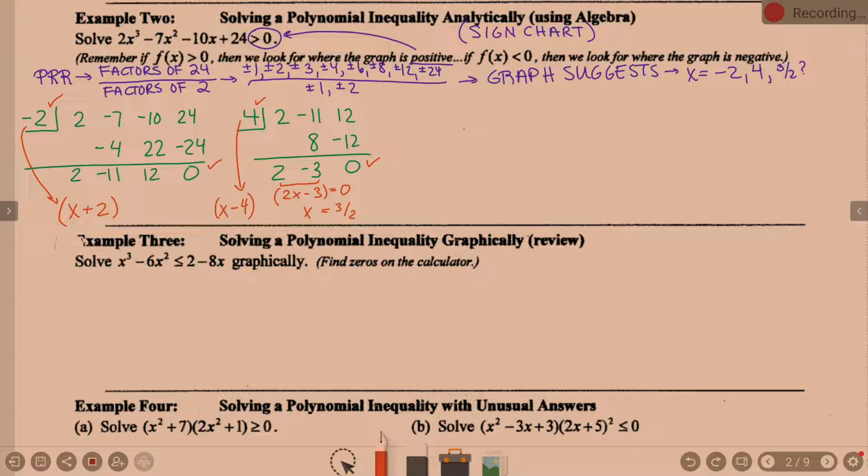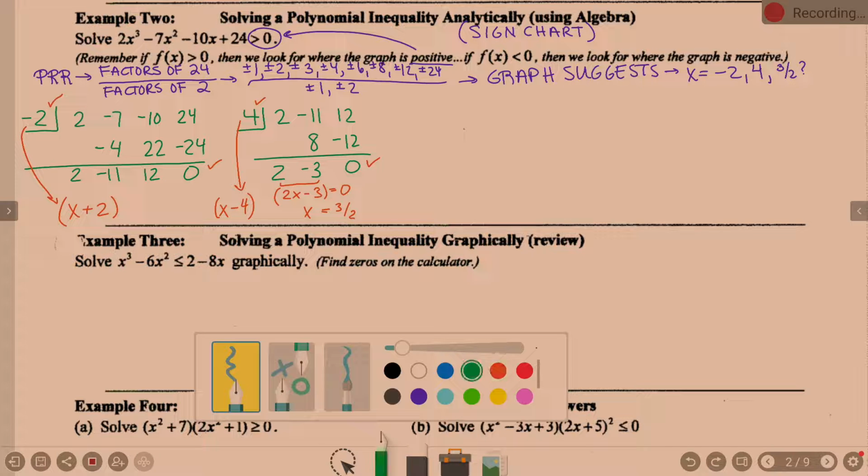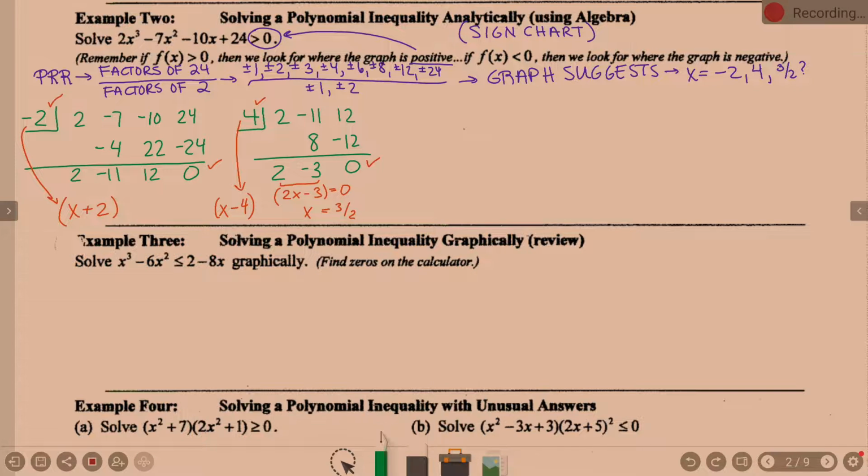Okay, so what I want you to realize, our original function, I'm going to write it out here. Our original function was 2x cubed minus 7x squared minus 10x plus 24. What synthetic division allowed me to do is it allowed me to factor that.